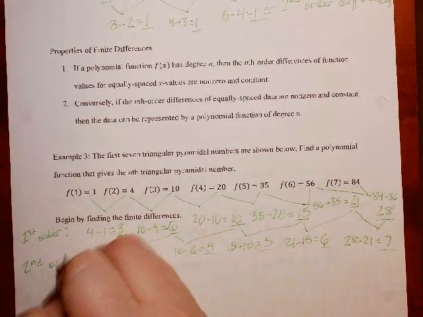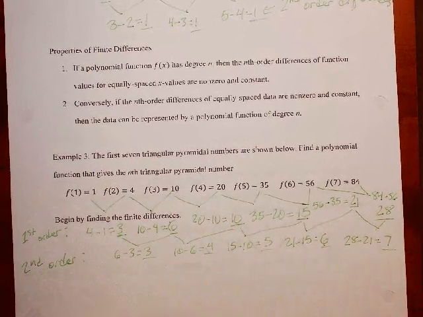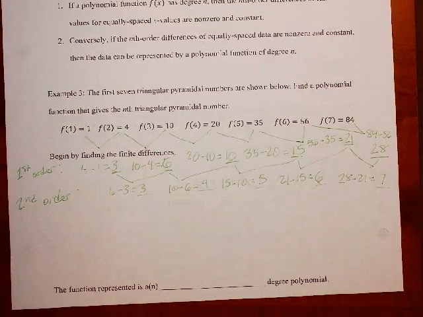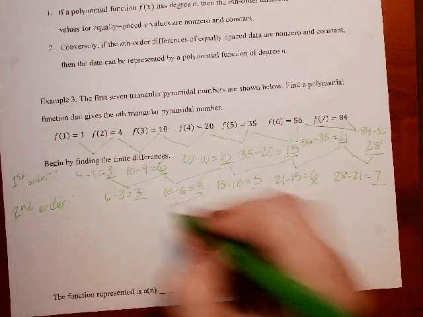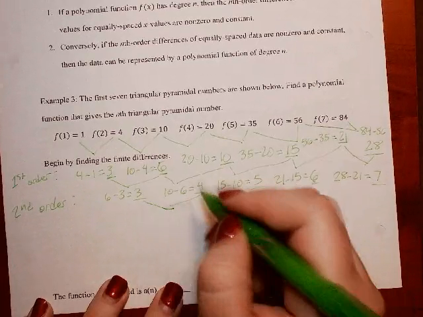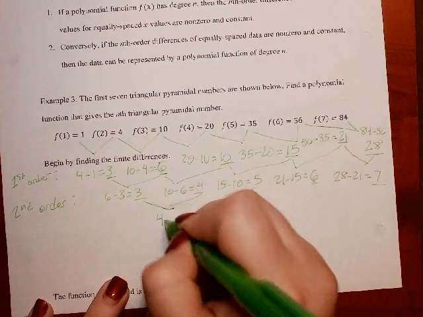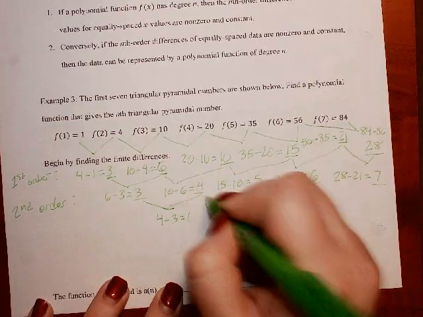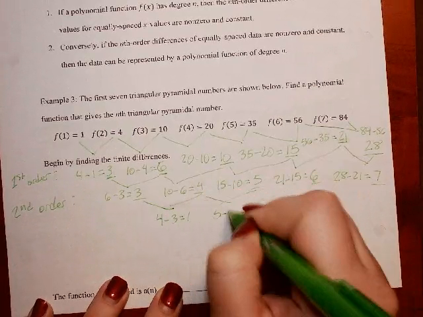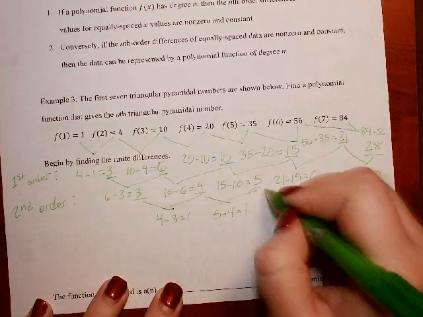So we are not at a constant number yet, so we keep going. So we do 4 minus 3, which is 1. And we do 5 minus 4, which is 1. Then we do 6 minus 5, which is 1. And 7 minus 6, which is 1.